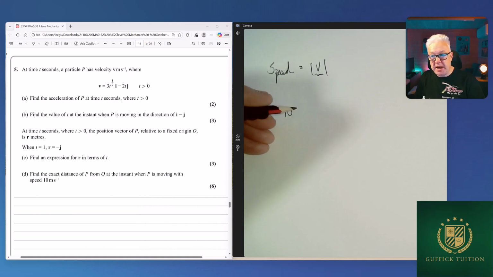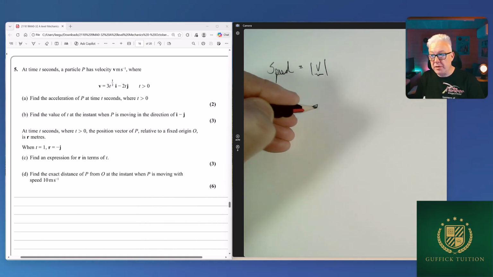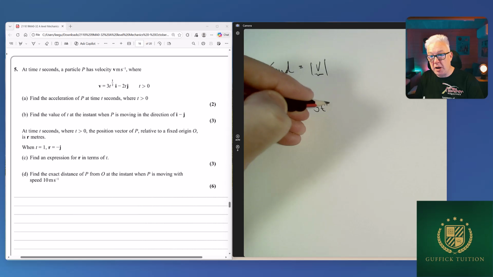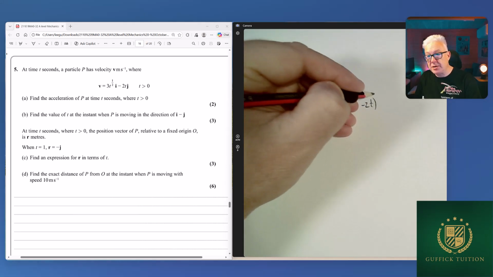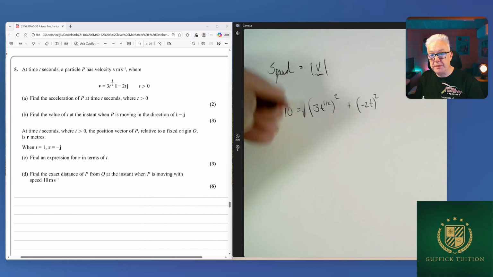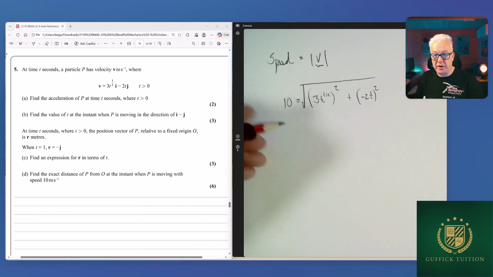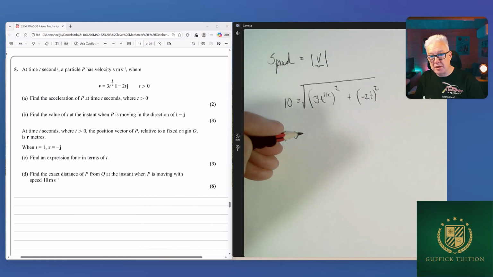So we can say that 10 is equal to the square root of (3t to the half) squared plus (minus 2t) squared. I've just found an expression for the magnitude of the velocity there. So let's square both sides.